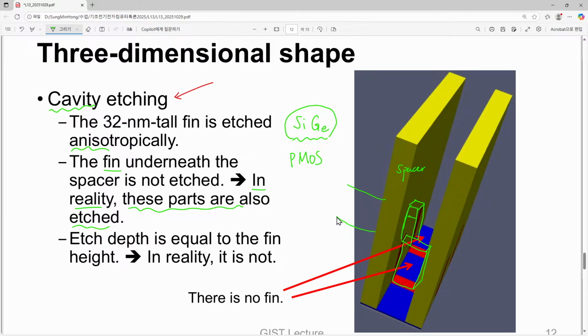Yes, here you can find the fin, and that is stressed by this silicon germanium. If we have silicon germanium here, it pushes, and if we have it there, it pushes, so this silicon channel is compressively stressed, and that is quite beneficial to increase the mobility of a hole. That is one of the most important performance boosters in state-of-the-art devices.